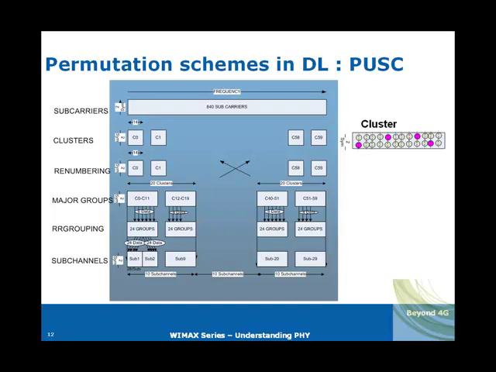The first major group gives 10 subchannels, the second gives another 10, and the third gives another 10. So we get 30 subchannels in a 10 MHz channel of PUSC, and the subcarriers are not adjacent. They are from different places, and by doing this we get the advantage of frequency diversity.